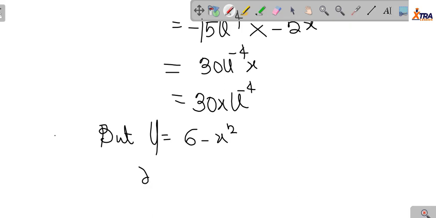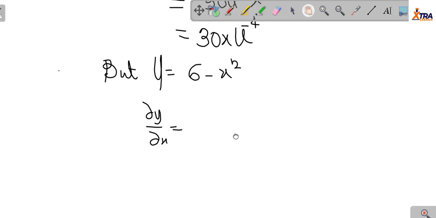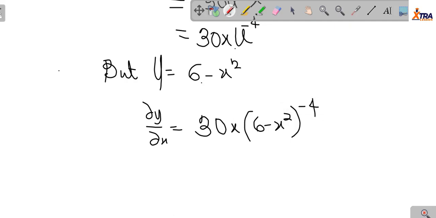We have dy over dx equals 30x times (6 minus x squared) raised to the power minus 4. So that is the solution to the derivative.